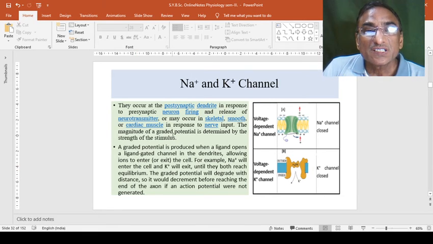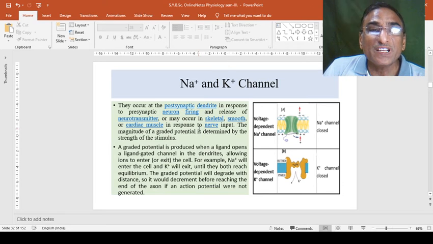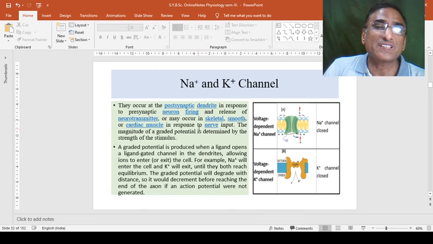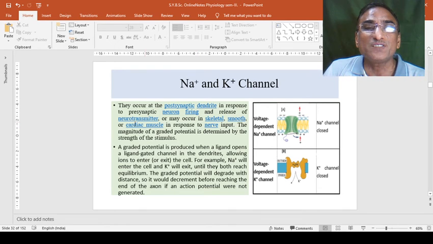Then the release of these ions is also facilitated by the release of neurotransmitter material. The neuron cells release neurotransmitter material, which may also occur in skeletal, smooth or cardiac muscles in response to nerve input.